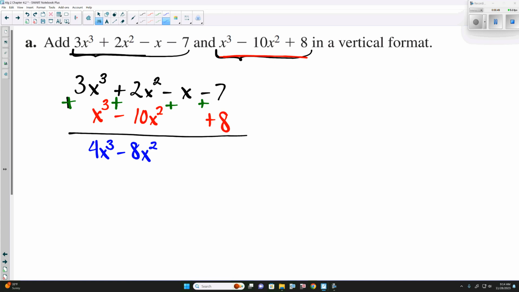Negative x plus nothing is just negative x. And negative 7 plus 8 is 1. So plus 1. So our final answer when we add these two together is 4x cubed minus 8x squared minus x plus 1.